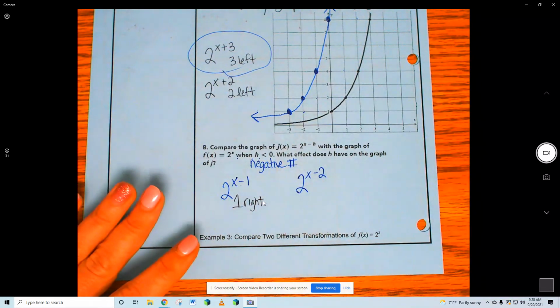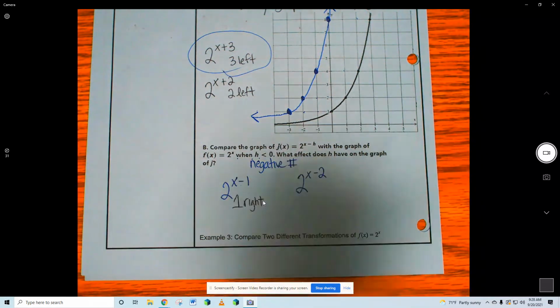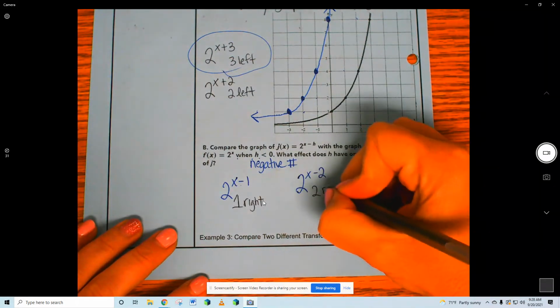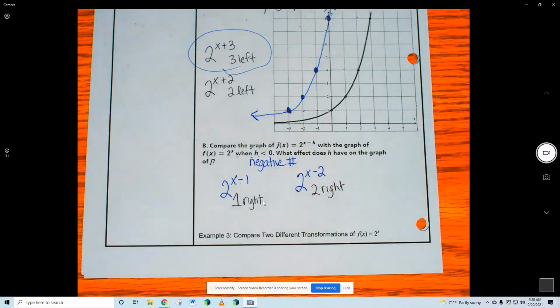How about someone else that hasn't talked yet today? You guys should know this by now. 2 right. So the only thing you have to think about today is an H and a K. The H is the opposite sign.